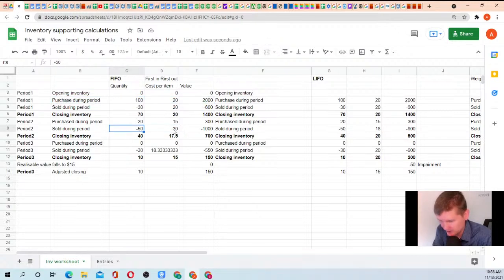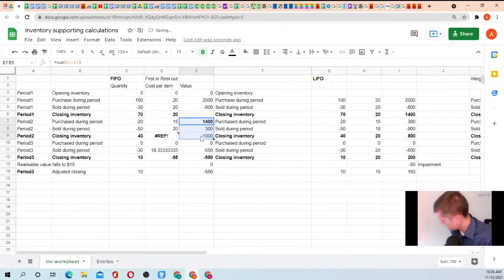So we assume that we sold this 50 at 20 and we have $700 left in the costs of inventories. And we have 40 items left in the inventories. And this way we figure out that our ending inventory cost is 17.5.